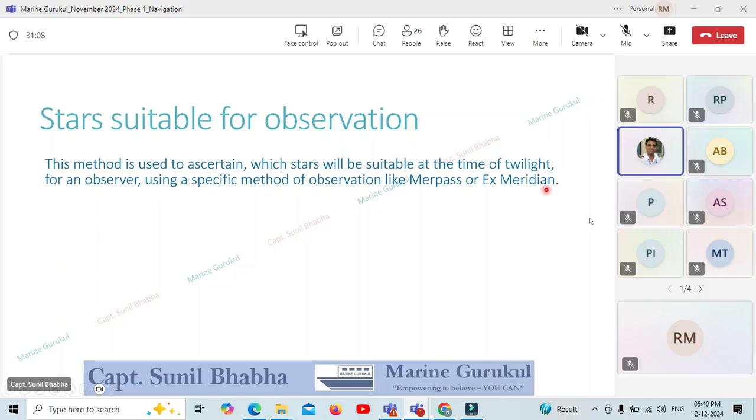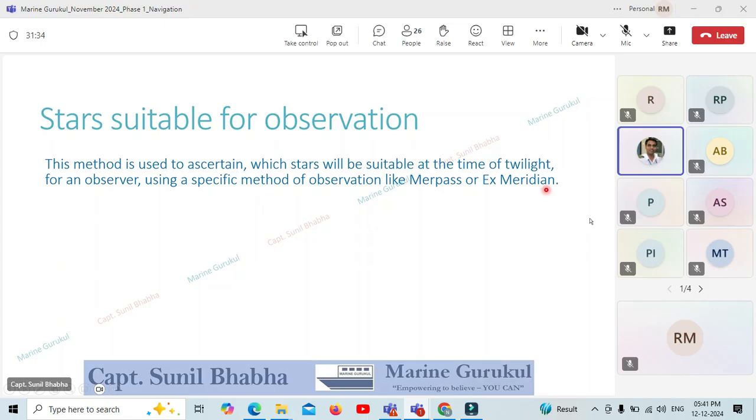So basically this means that if an observer wants to take a star sight at the time of twilight, twilight is the only time when a star sight can be taken. So he wants to take a star sight, but he wants to use a specific method. He wants to use a particular star for meridian passage or for an ex-meridian sight.